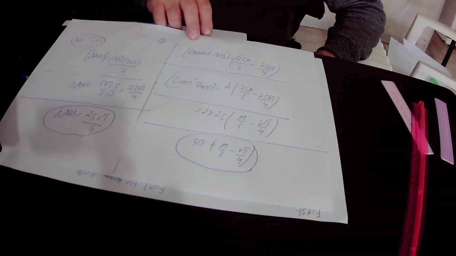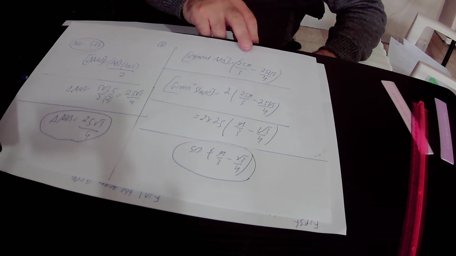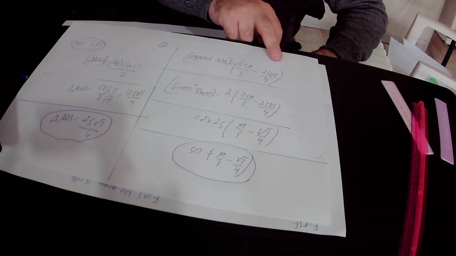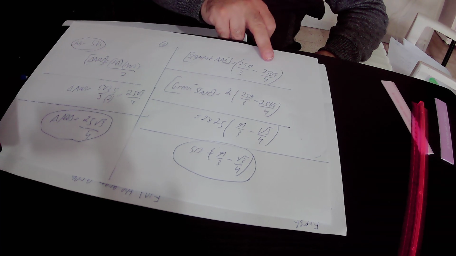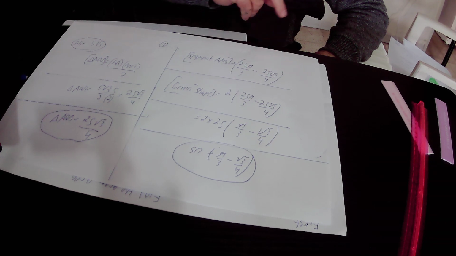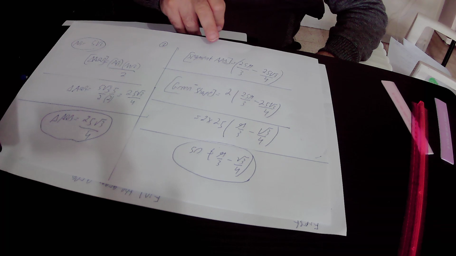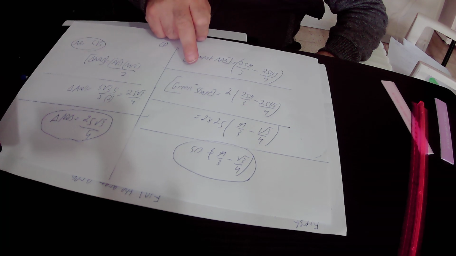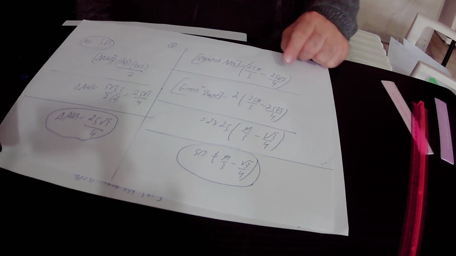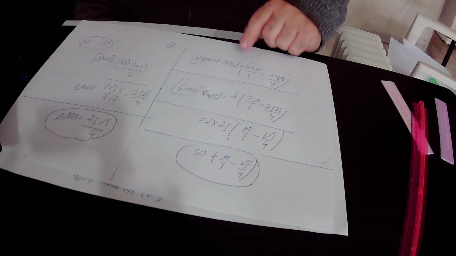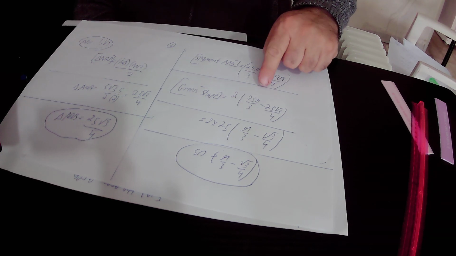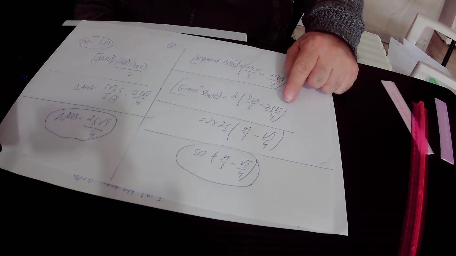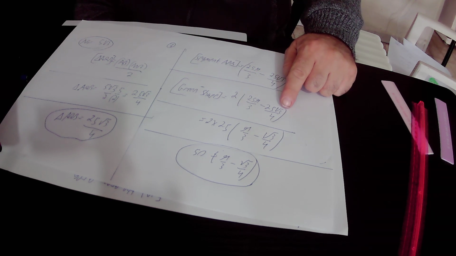Therefore, the area of segment AQB, which equals the area of sector AQB minus the area of triangle AQB, equals 25 pi over 3 minus 25 square root of 3 over 4, and 2 times the area of segment APB equals the green shape. That is to say, the green shape equals 2 times the area of segment APB, that is 25 pi over 3 minus 25 times square root of 3 over 4.